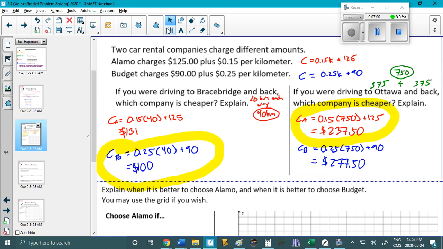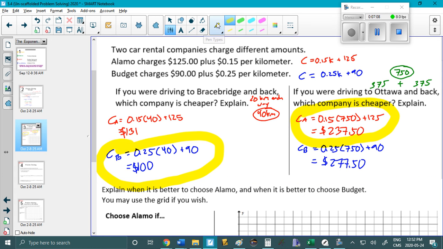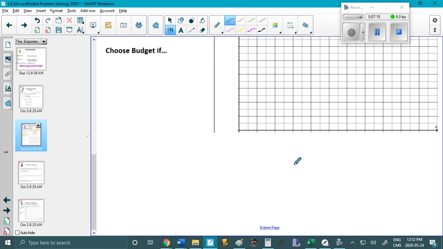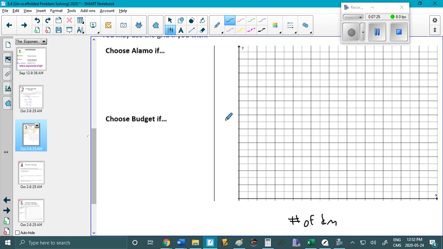But let's try to find the exact distance where they're the same, because at some point they're both going to cost the same. So what we'll do here is we'll do number of kilometers, and then up the side we will do cost.